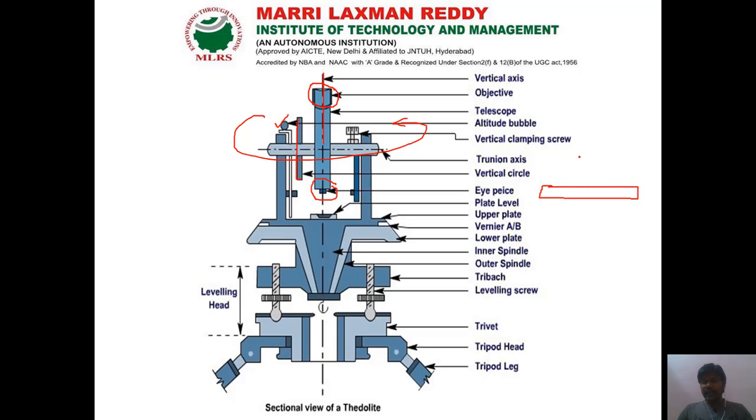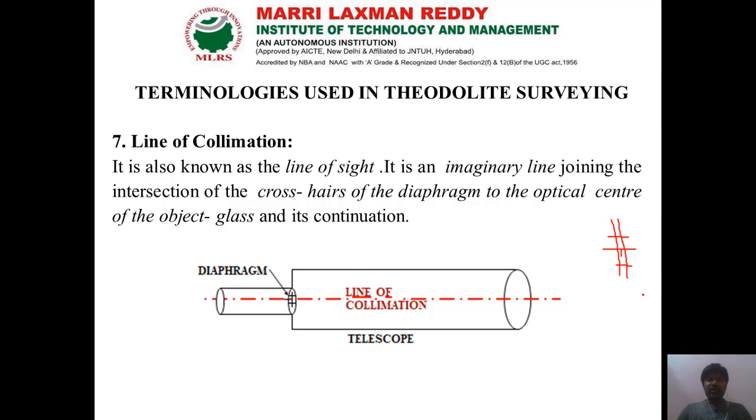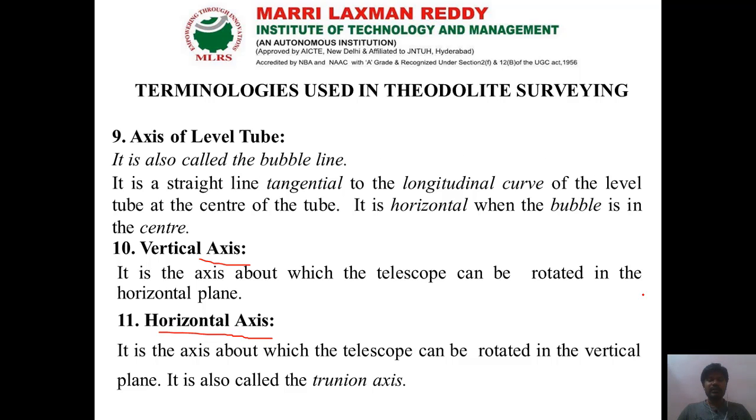This is the telescope, and I can rotate the telescope in this direction, either upside down or downside up, and vice versa. If I rotate like this, then that is called the horizontal axis, as I rotate it with respect to this axis. So another name for our horizontal axis is the trunnion axis.